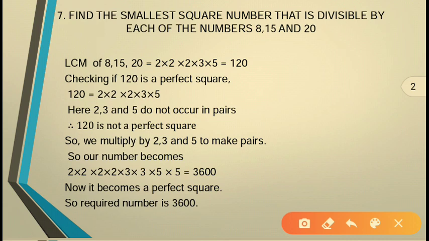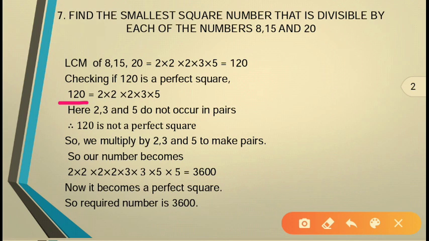Now check whether 120 is a perfect square or not. First of all take the LCM of the given numbers and then check whether the LCM is a perfect square or not. For this, do a prime factorization and try to find out the pairs. This is the factorization of 120.